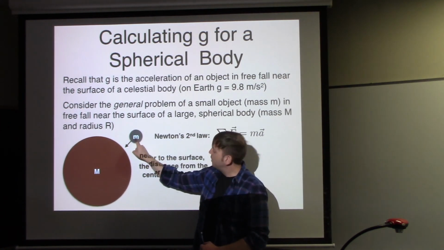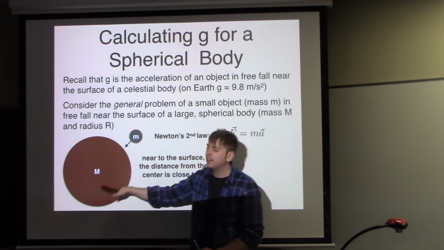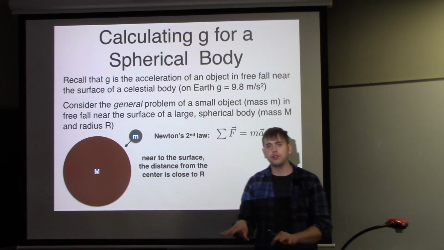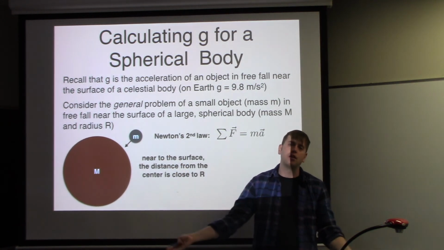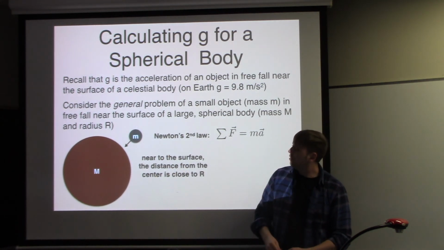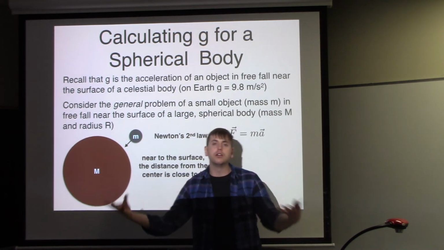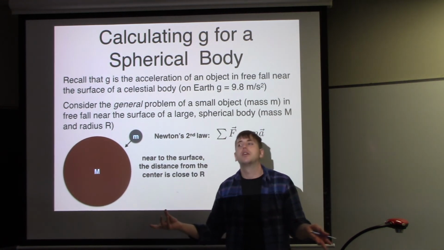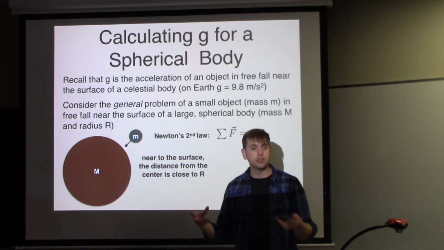Well, it depends on how far from the center of the big mass we are. But if we're staying really close to the surface, maybe only going up a couple of kilometers off the surface, the distance from the center is not going to be that different from just the radius of the Earth. Think about this: the radius of the Earth is about 6,000 kilometers.